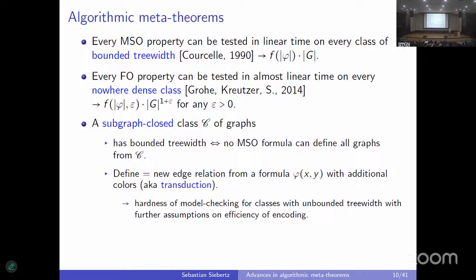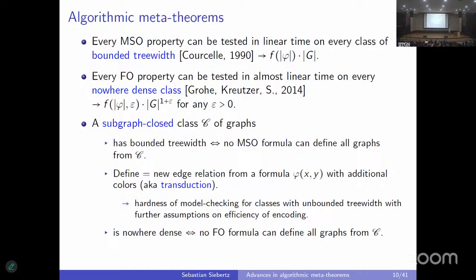So monadic second order logic is very intimately related with bounded tree-width graphs. For unbounded tree-width, MSO, monadic second order logic, cannot define all graphs. The same is true for first order logic and nowhere dense graphs. A graph class is nowhere dense if and only if no first order formula can define all graphs from the class.